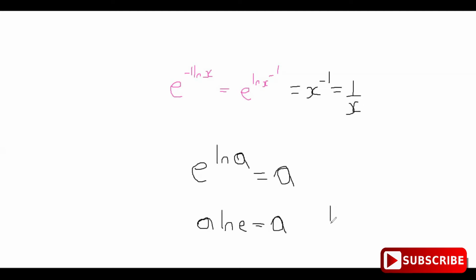And ln e to the a is a ln e, which is also a. They like to write these a lot, but all of them are the same thing. So that takes care of question 1.